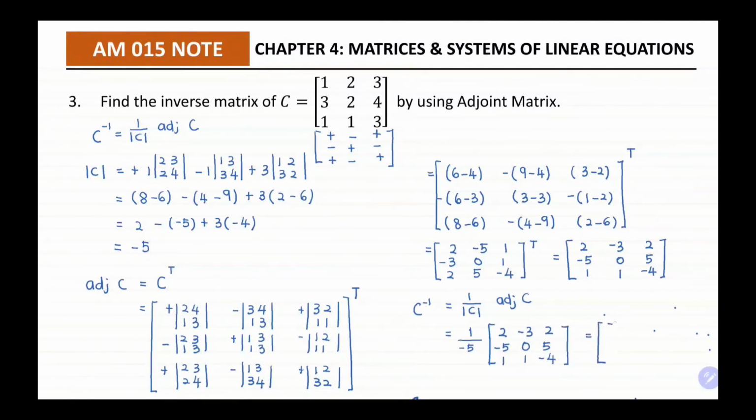So negative 2 over 5, 3 over 5, negative 2 over 5, 1, 0, negative 1, negative 1 over 5, negative 1 over 5, and last 4 over 5. Okay, so this one is the answer for C inverse.